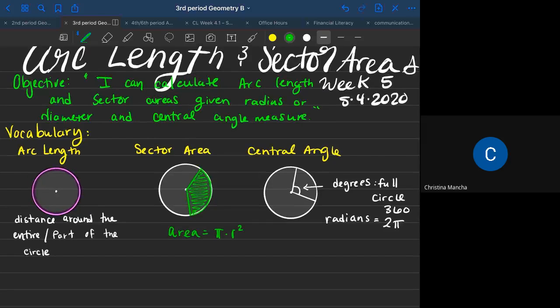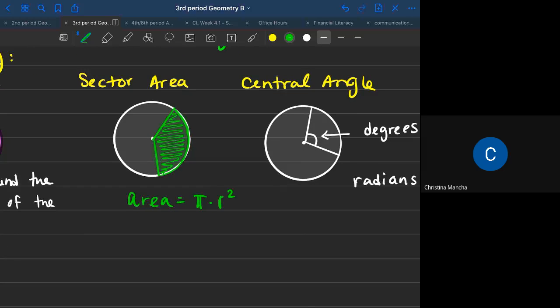The area of the entire circle would be pi times radius squared.